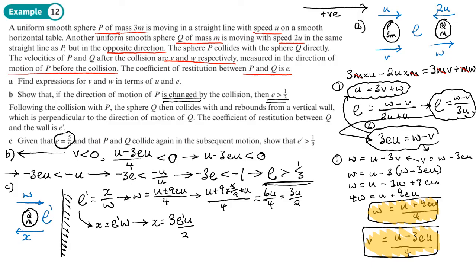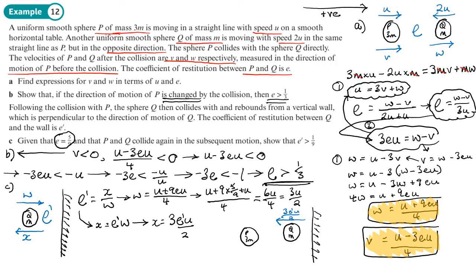So we can now update our diagram, and let me put the wall here, and we have Q and P here. We know that after Q has rebounded from the wall, its velocity is going to be 3 E dash U over 2.